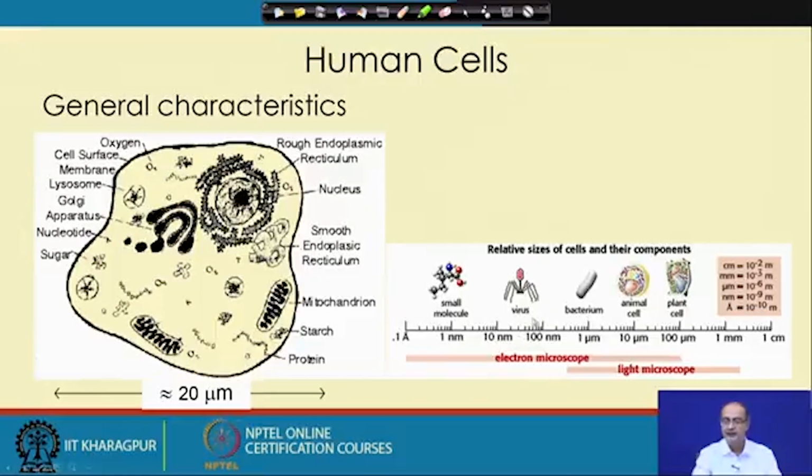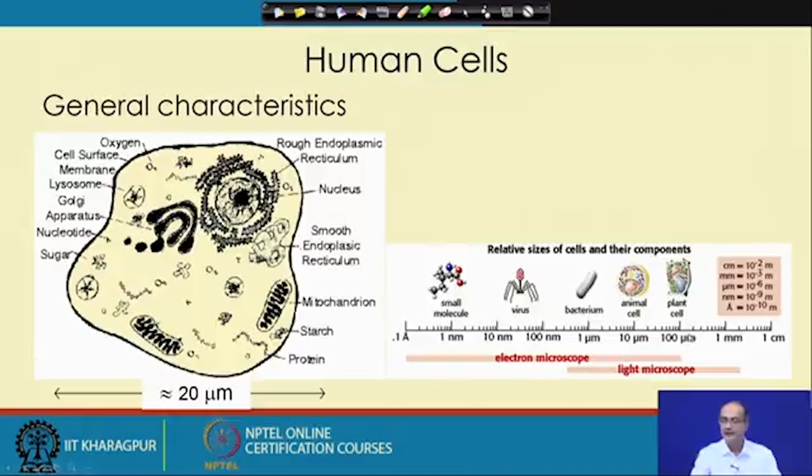Outside a cell they cannot procreate, so they are like inert objects, but once they get into a cell they can create replicas and create a very difficult situation for the cell to survive. Then we have the bacteria, which are living beings, and after that the animal or human cell, in which we are interested, and little bigger than human cells are the plant cells.